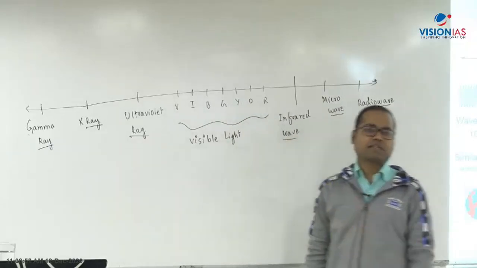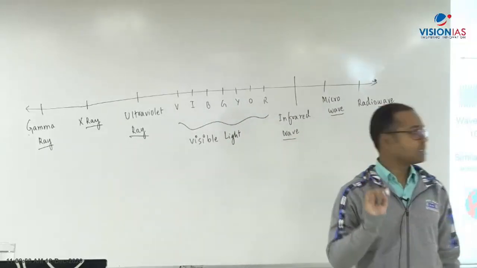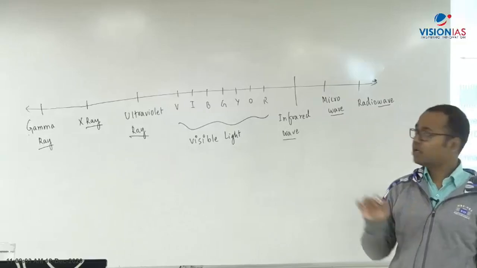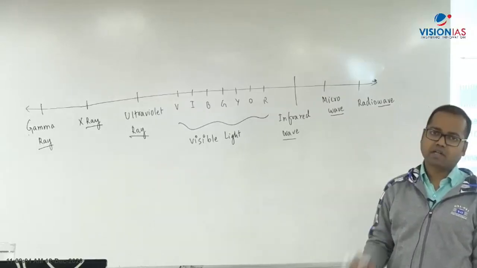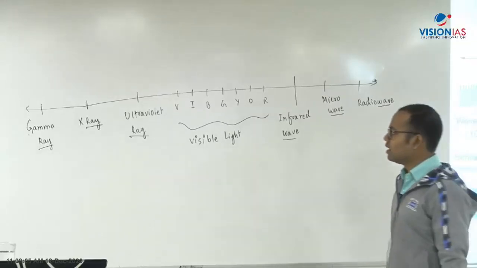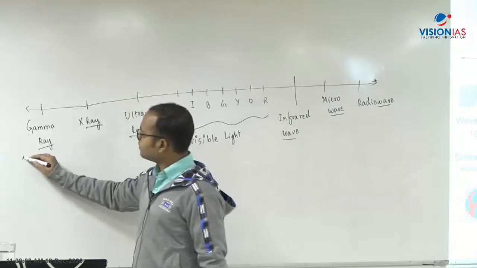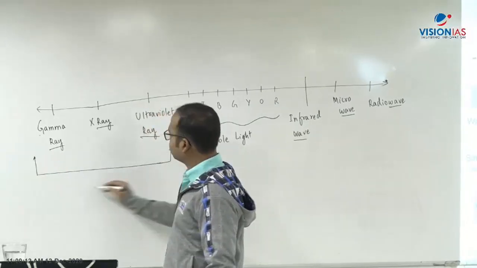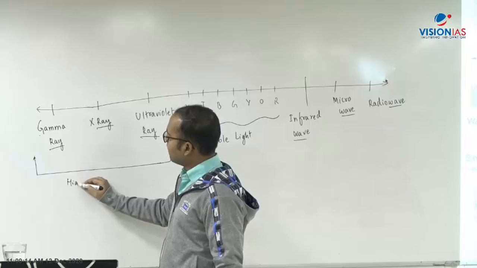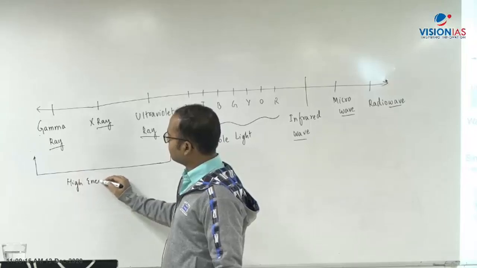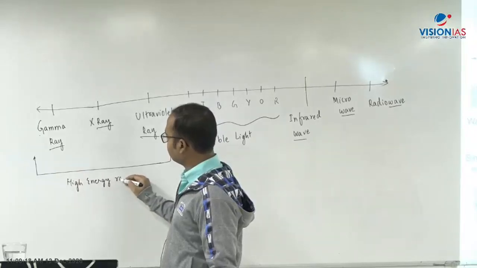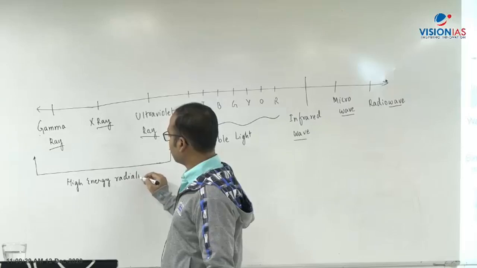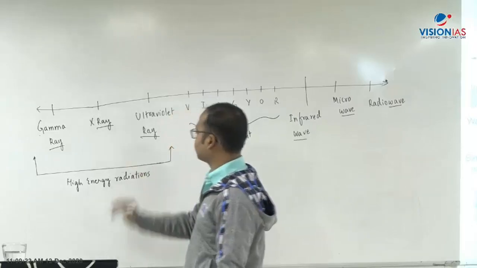If you observe this, your electromagnetic spectrum is also calling for the dual nature of light. These three are, you can say, high energy radiations or high frequency radiations, whatever you say.